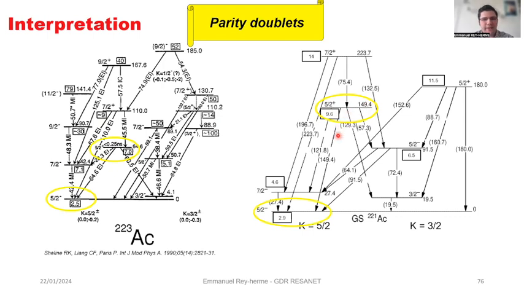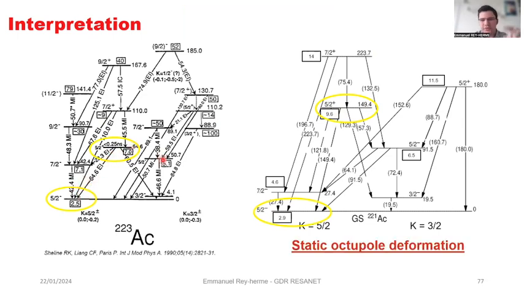And we also have the other signature with the presence of parity doublets with these 5/2 minus, 5/2 plus states in both cases. However, if we look at the splitting between the two states, here we have 65 keV, which is exactly what we would expect for a static deformation.